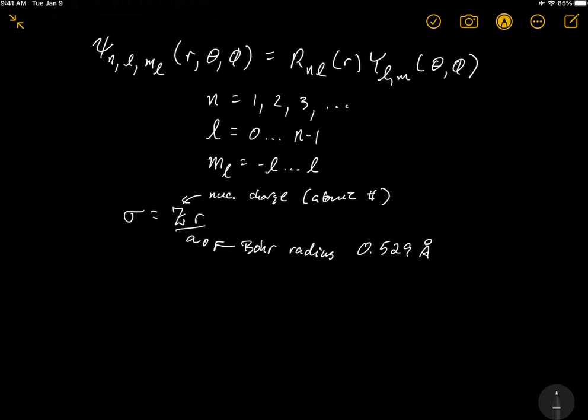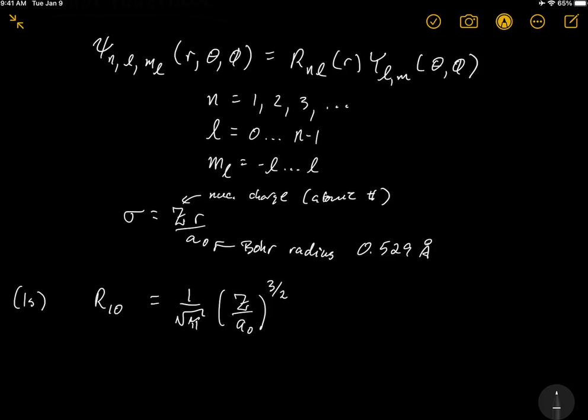Okay, so our 1s type orbital, or wave function, is going to be given by R10. And it has some constants out front, 1 over square root of pi, Z over a naught, to the 3/2.